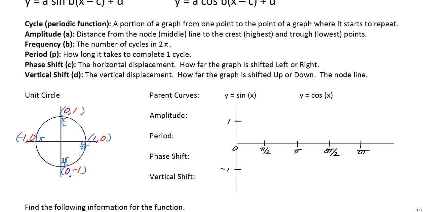What is the cosine of 0? It's 1. So cosine starts up high. What is the cosine of pi over 2? 0. What is the cosine of pi? It would be negative 1.